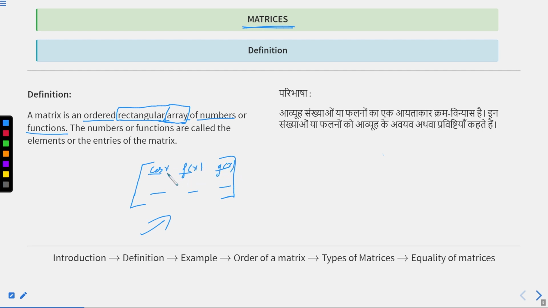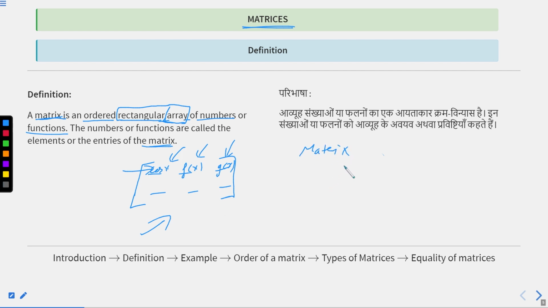The numbers or functions are called the elements, or entries, of the matrix. So this means cos x is one of the entries. Clear?